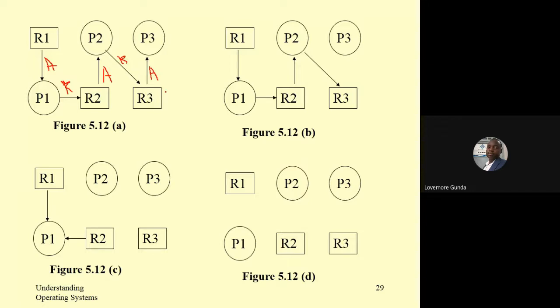So if you look at that situation, process number 3 is not requesting any other resource. So since process number 3 is not requesting any other resource, it can use the resource and release it. So this has been released by process number 3.